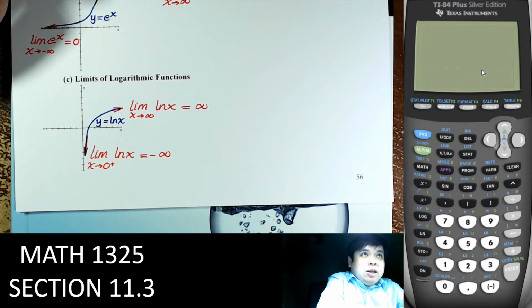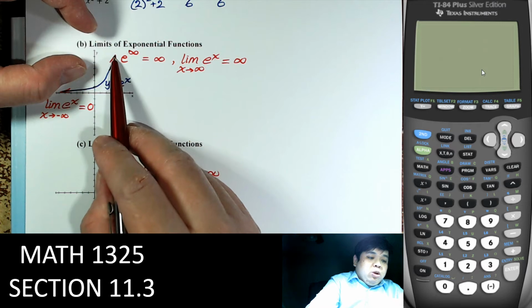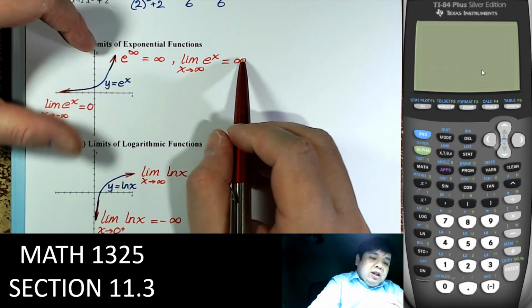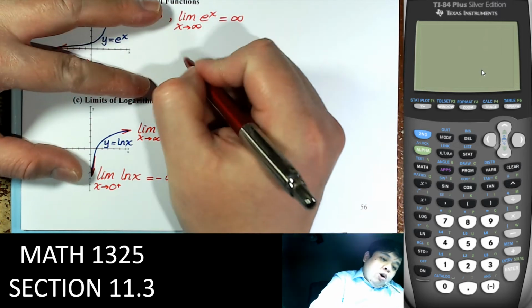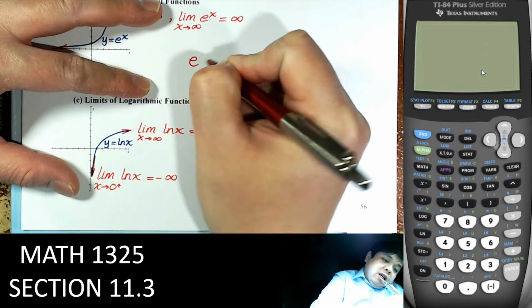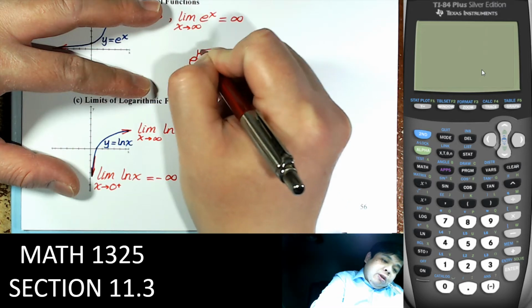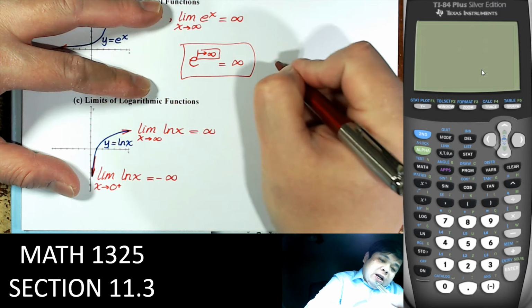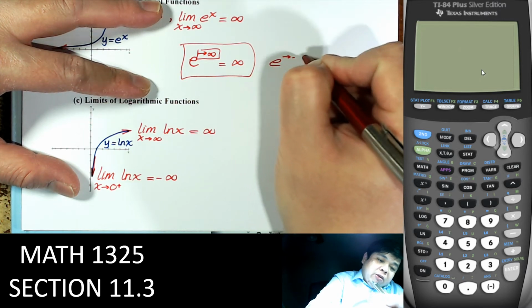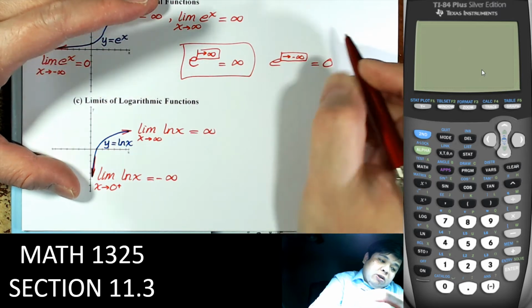Right? So exponential function when x goes to infinity, it is equal to infinity, and when x goes to negative infinity, that is 0. Or we can write like this: e to infinity is infinity, and e to negative infinity is equal to 0.